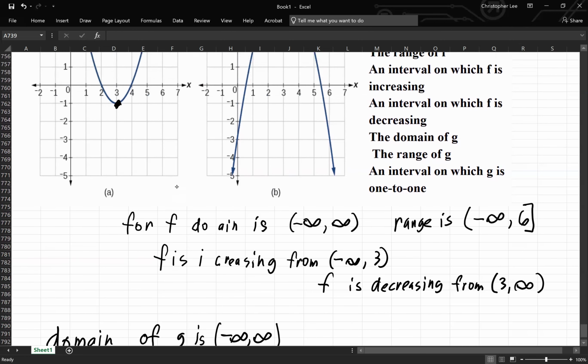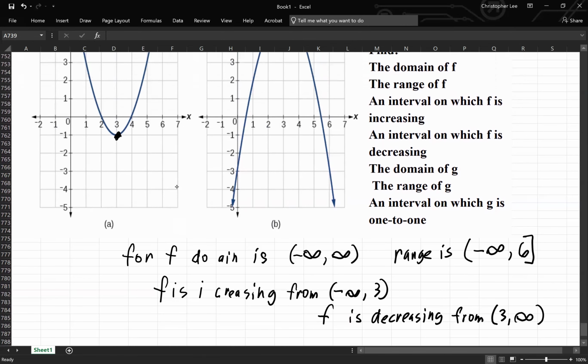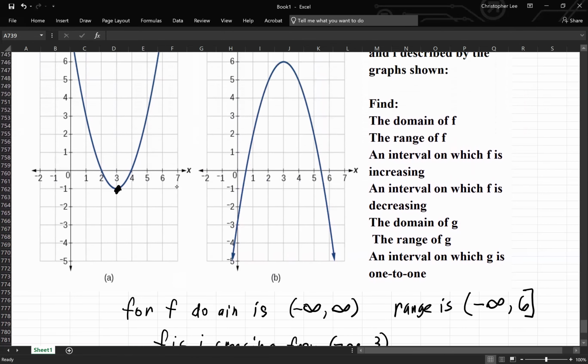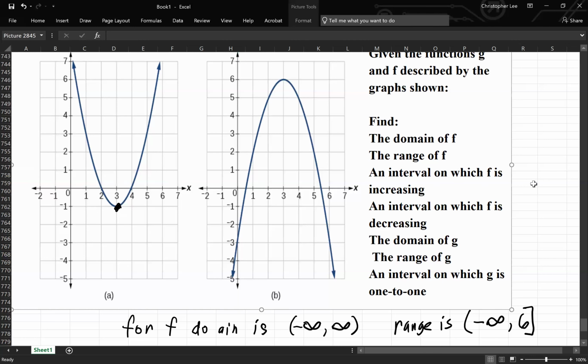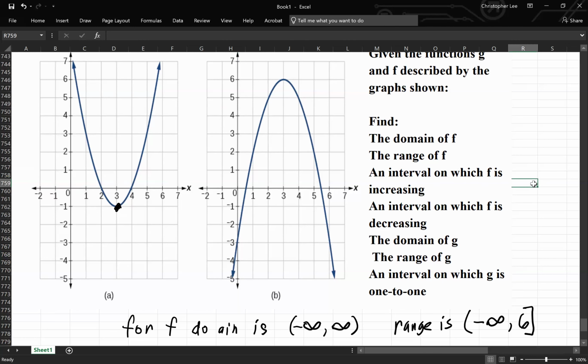Okay, an interval on which G is 1 to 1. All right. So remember, 1 to 1 means that it passes the horizontal line test, right? I'm really tempted to just say that there is not an interval at which G is 1 to 1. You could argue with me that there is a point on which G is 1 to 1, right?